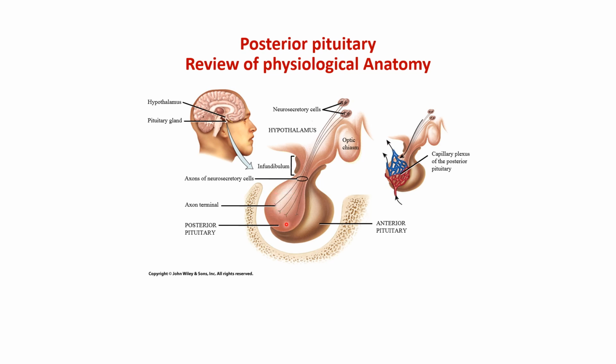It just stores and releases the hormones, and its hormones are synthesized in the hypothalamus in two nuclei, the supraoptic and the paraventricular nucleus. These neurons send their axons down until they reach the posterior pituitary gland through this neuronal tract. We talked about this. I hope you can review it.